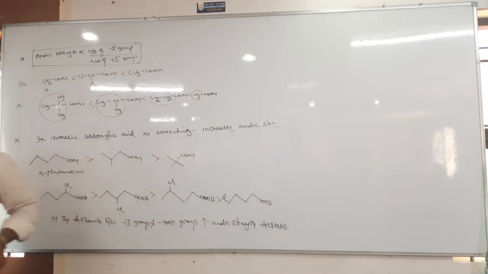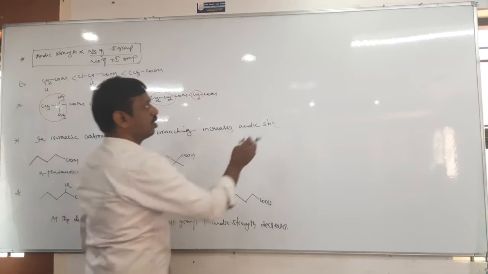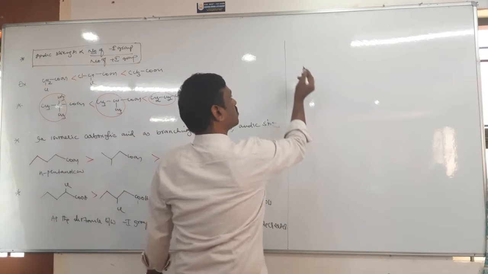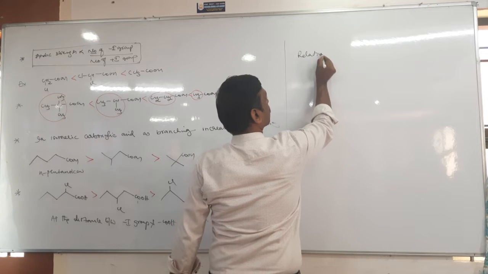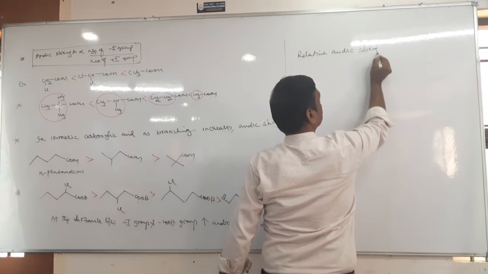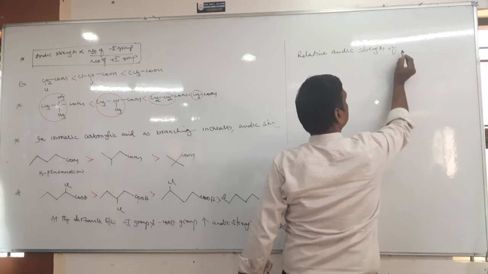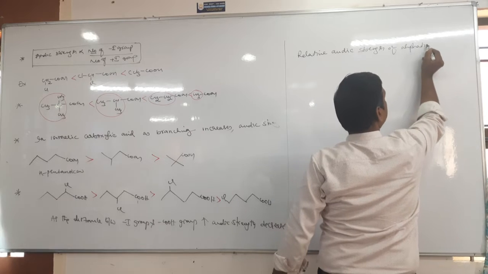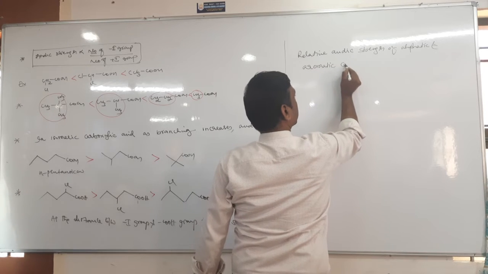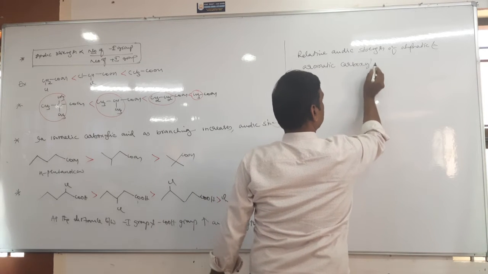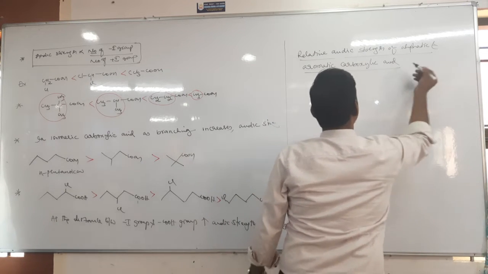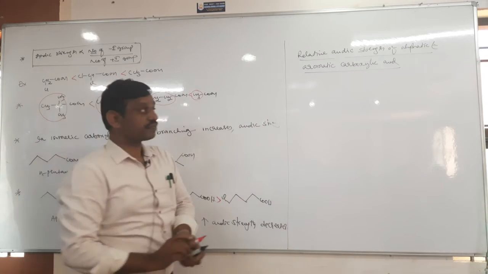Okay, next is the relative acidic strength of aliphatic and aromatic carboxylic acids. So what is the relative acidic strength of aliphatic and aromatic carboxylic acid?